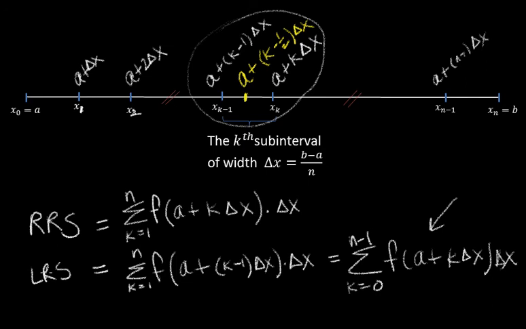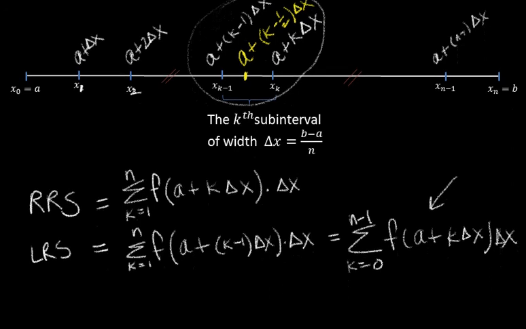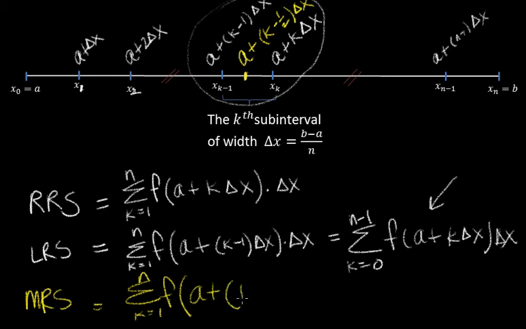So our midpoint Riemann sum will be the sum from k equals 1 to n of f of a plus (k minus 1/2) jumps of delta x, times delta x.